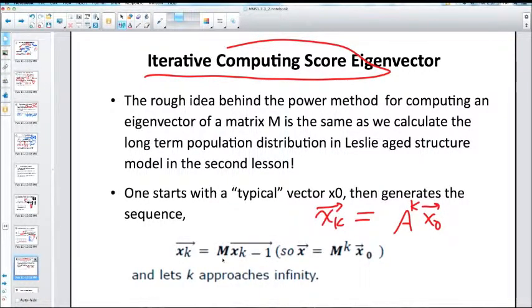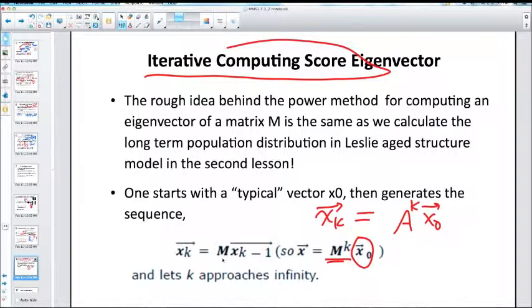You are going to eventually converge to the eigenvector and the eigenvalue. So you only pick any initial condition and keep multiplying by M. They either explode if lambda is bigger than 1 or decay to 0, and you found the eigenvalue.